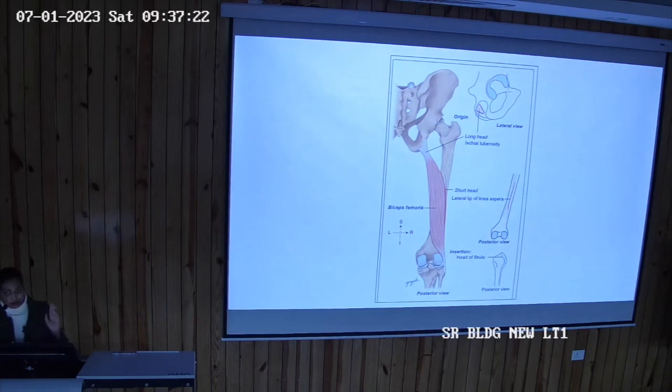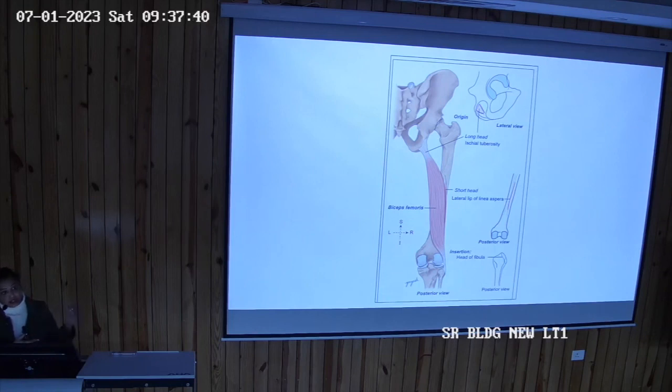So a little bit on the lateral side its origin is on the linea aspera, and then the origin extends to the lateral supracondylar ridge. So it takes origin from the linea aspera and lateral supracondylar ridge, short head of biceps femoris.